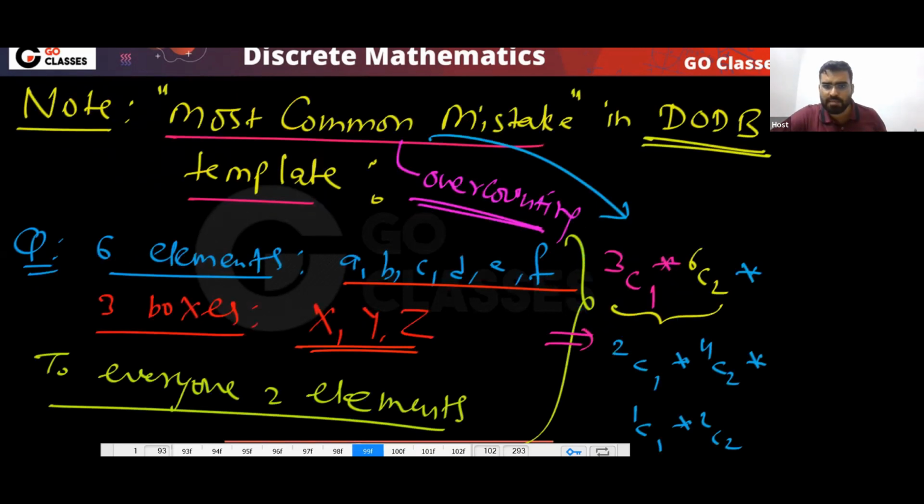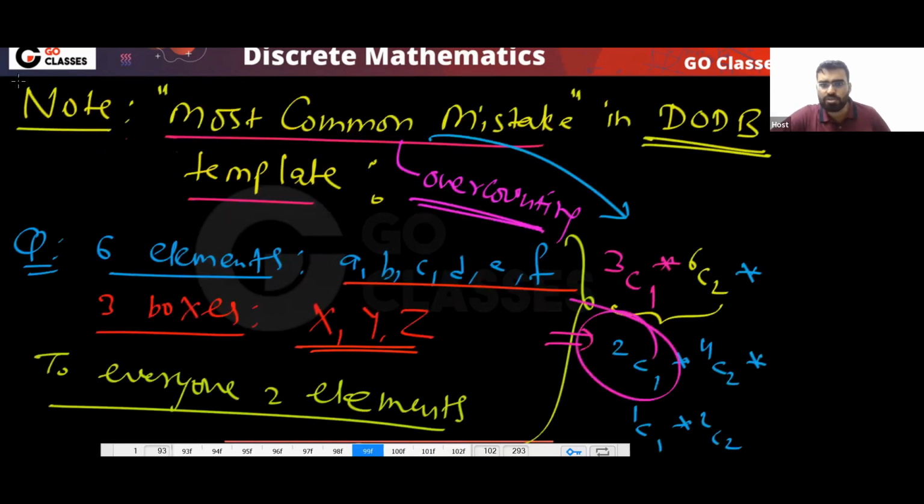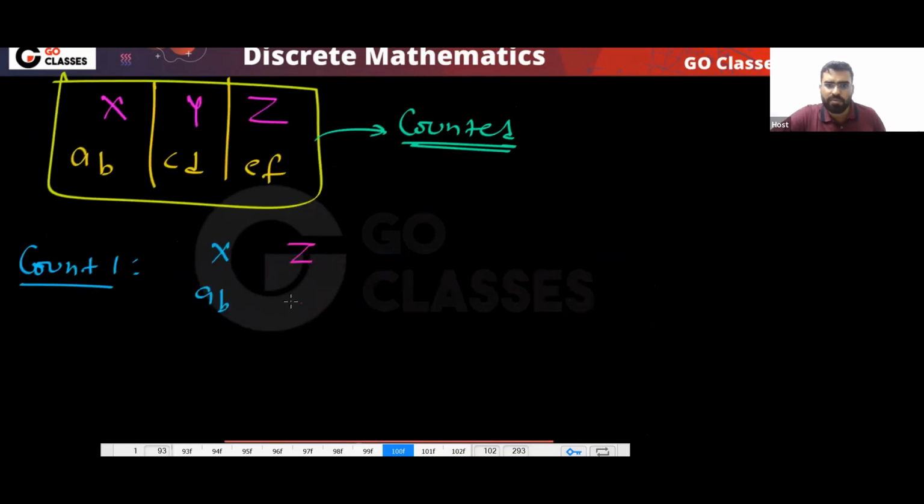So you select X and give 2 cards to X. Then from the remaining you select 1 person and give 2 cards to him. And the remaining 2 cards will go to the last person. So this is your count 1.